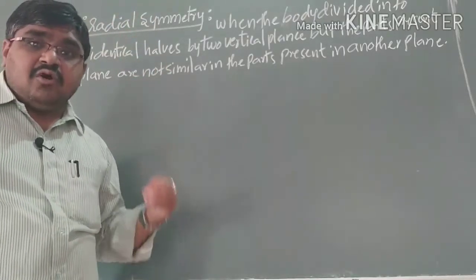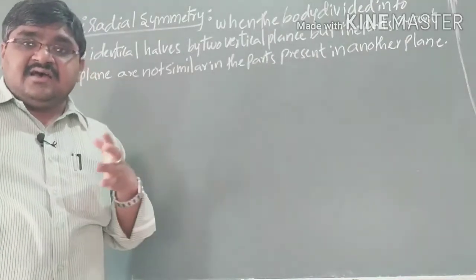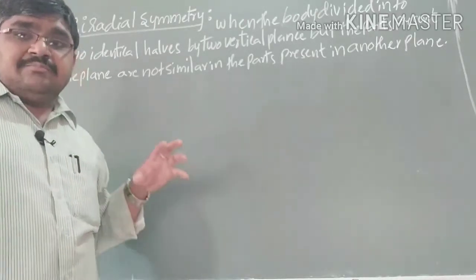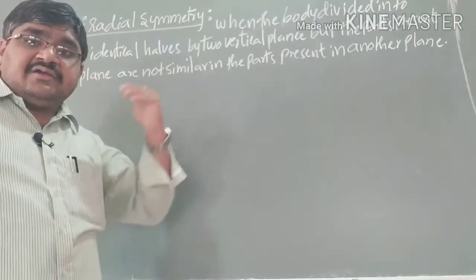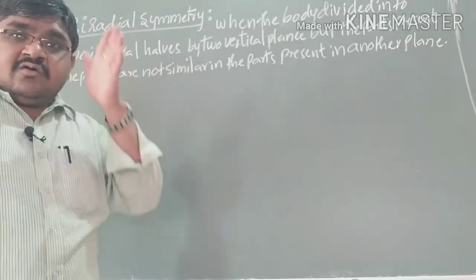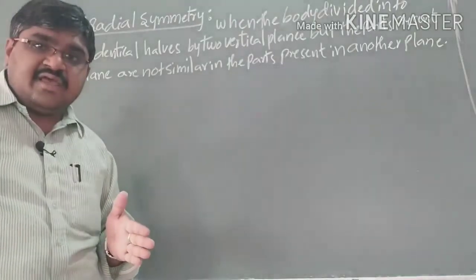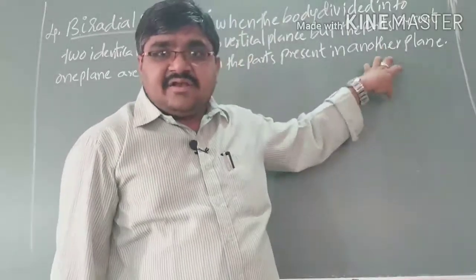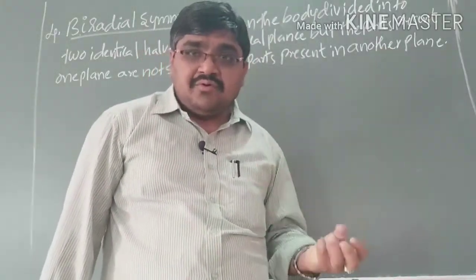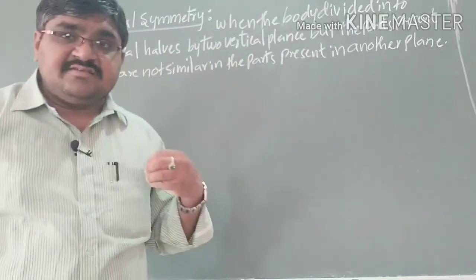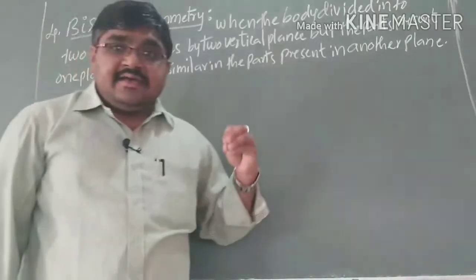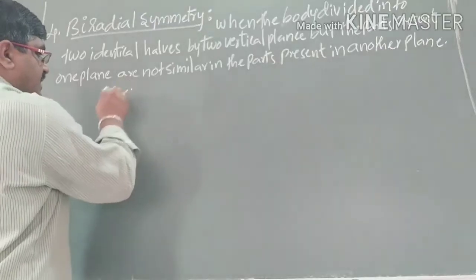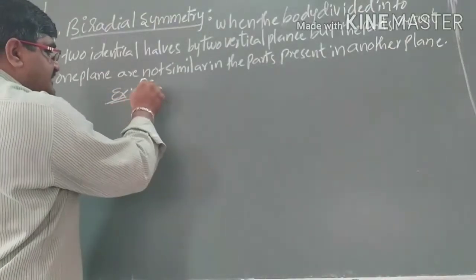Here bilateral and radial are different, so the parts in one plane are different from the parts of another plane, where one plane we can take as bilateral symmetry and another plane as radial symmetry. So similar parts are not produced, and such type of symmetry we call biradial symmetry.